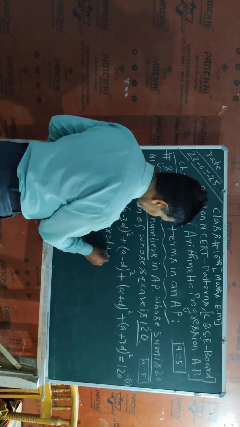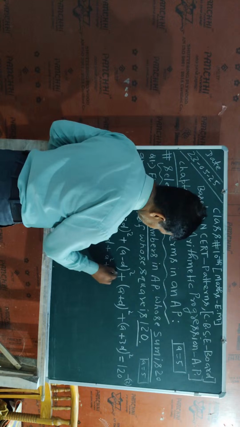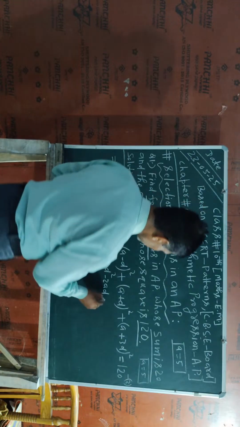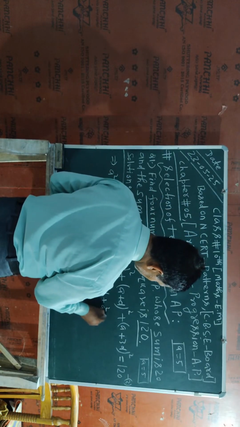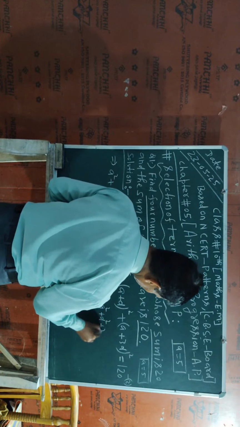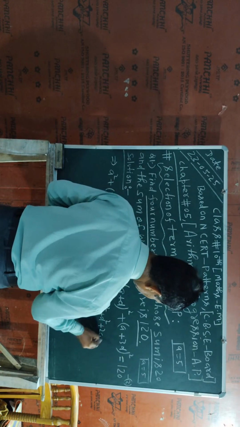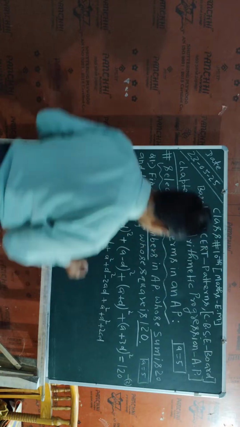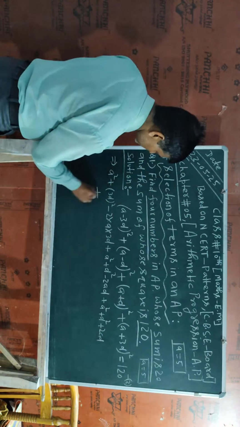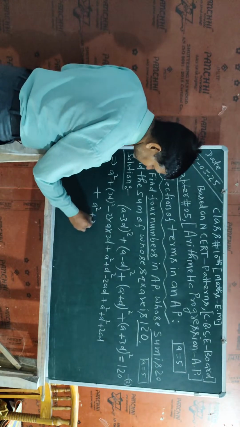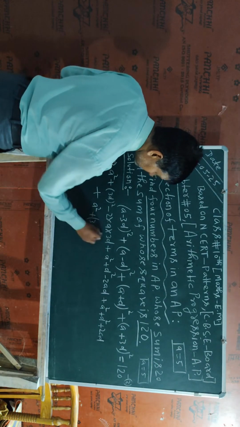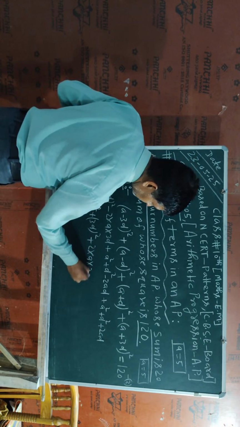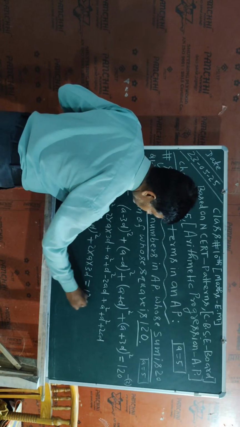Now here I will write a square plus b square minus 2ab. So now I will also simplify a square plus b square plus 2ab, writing d in place of b. Now this is the third term. Now the fourth term will be a square plus b square plus 2ab, which is equal to 120.